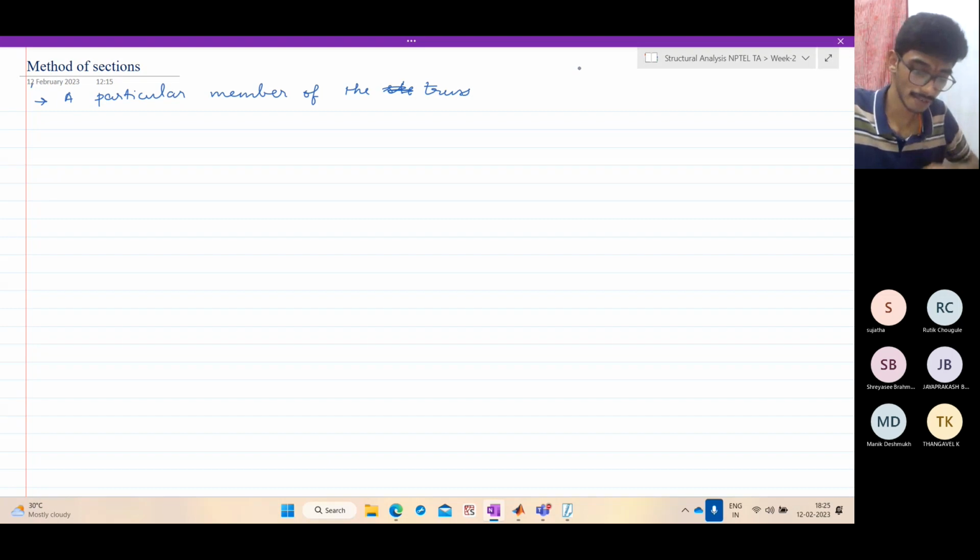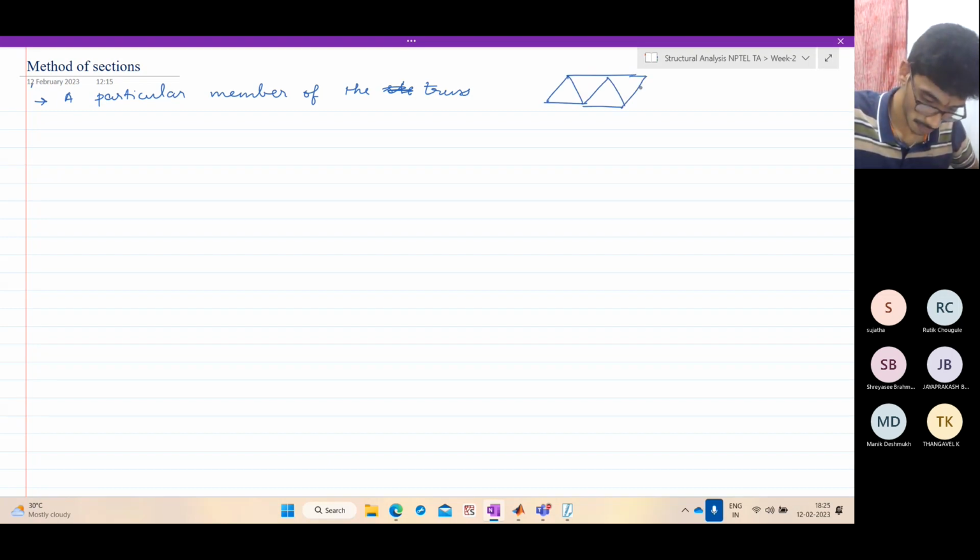That is, suppose you have a truss like this, and you're interested in the force in this member. So you don't have to solve all the way starting from this point to this point. Instead, you just make a cut here.